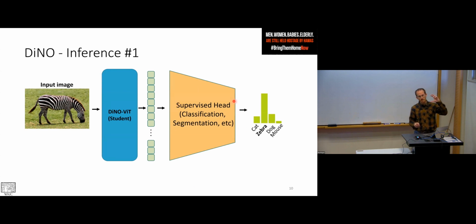You had a head for the DINO loss that labeled the images into this arbitrary space. You throw it away. It's useless, but you use all the backbone that you trained, all the representation, and on top of the features, you learn in a supervised manner how to classify. And this time, because you have the supervision, you know what the labels are. You assign meaning to them.